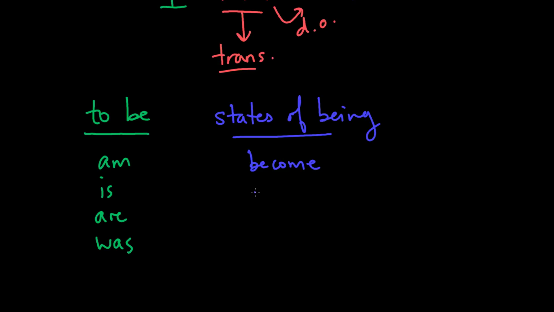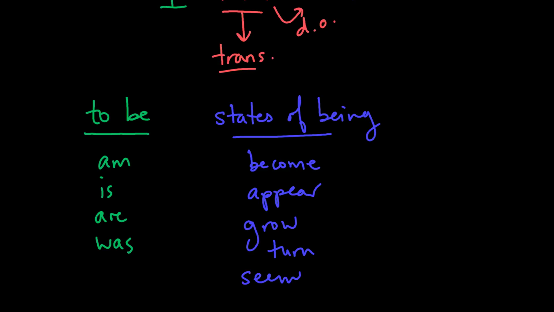We can have ones like I appear, I grow, I turn. If you say something like she turned rather sour, right, then sour is describing she. You can say things like seem, and this is a slightly bigger category perhaps than to be in terms of the range of verbs that fit into it.